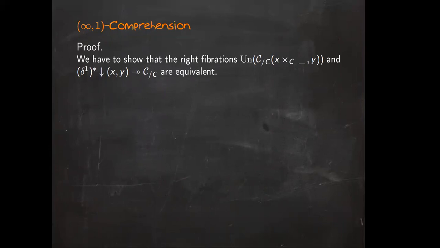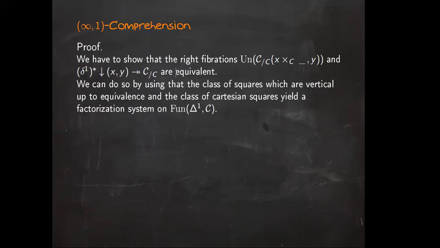So we want to compare these two presheaves, and one can do so by using that the class of vertical arrows and the class of Cartesian squares yield a factorization system on the arrow category, as for every Cartesian fibration, you have that the Cartesian arrows and the vertical arrows up to equivalence give you a factorization system on the total infinity category.